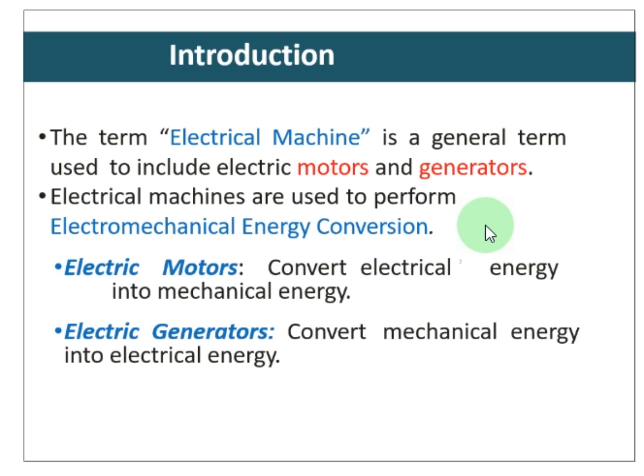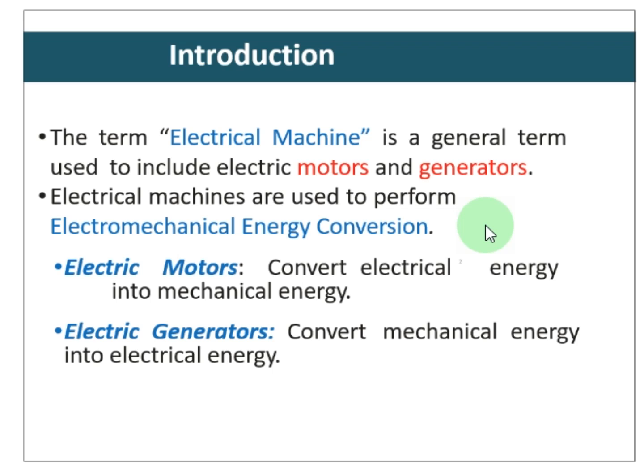Actually, transformers also come into the electrical machines category, but here we will talk about motors and generators, and mainly motors. Electrical machines are used to perform electromechanical energy conversion.